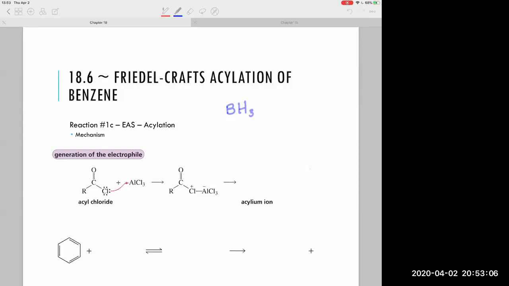Aluminum, you think about it in two different ways. Sometimes as the Al3+ ion. But if you think about it in a covalent complex, it's only got 6 electrons in its octet. So just like we see with boron, when it has 6 electrons in its octet, it's relatively acceptive for electrons. So aluminum chloride in the same way only has 6 electrons in its octet, so it's going to accept this pair of electrons from chlorine.